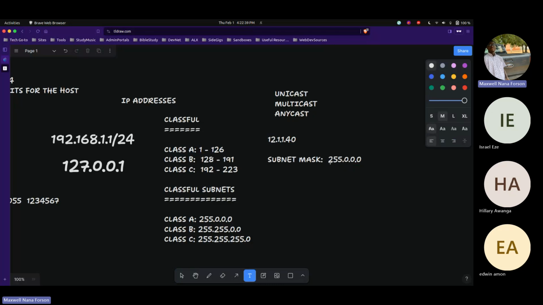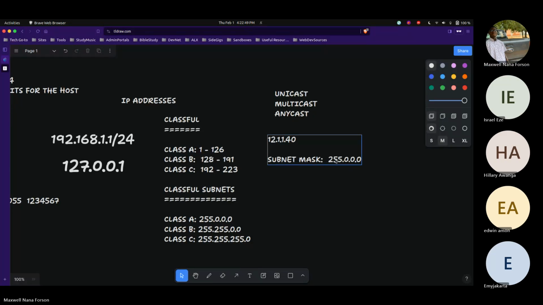I'm saying that for this 255, it just means that we have 8 bits that have been turned on. Give me a minute. Just trying to get the thing. I'm just getting it off my hard drive, and I'll share that.